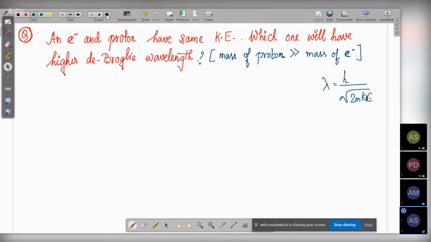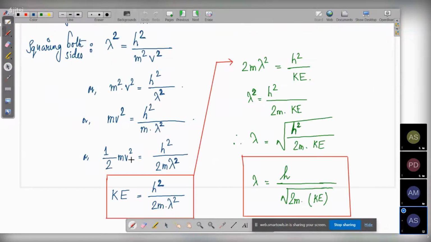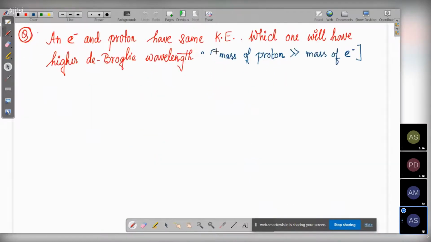Let's use, instead of using all this, because it is the same kinetic energy. Even if you do it with that one, the same thing will happen. So what is the formula?